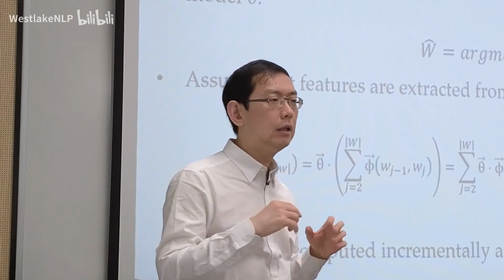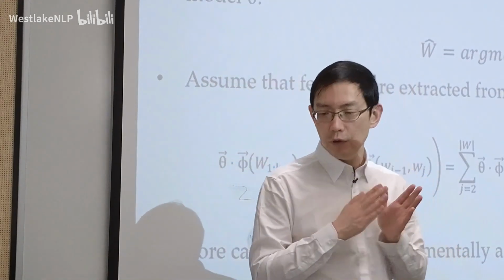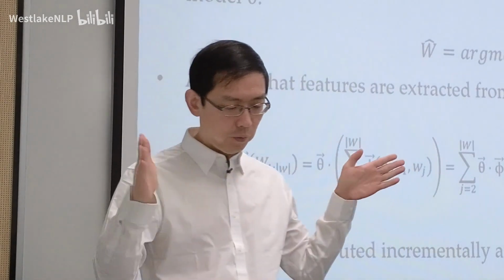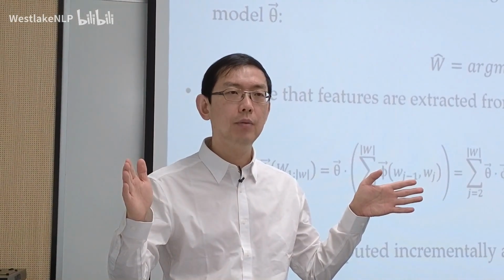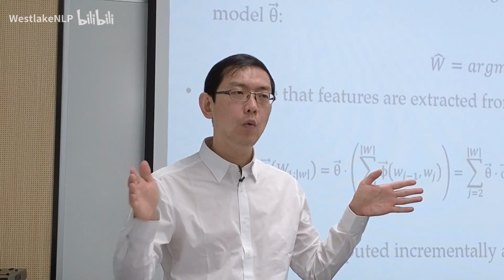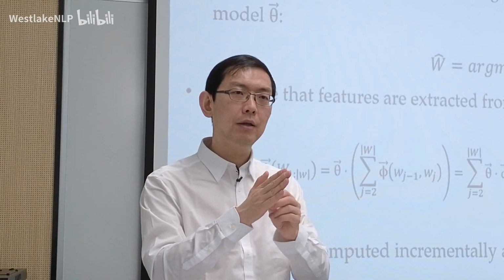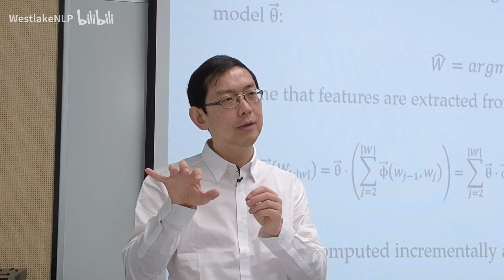In the word segmentation case, if you want to find the highest scored output word sequence, can it be calculated from the highest scored word sequence before the last word?